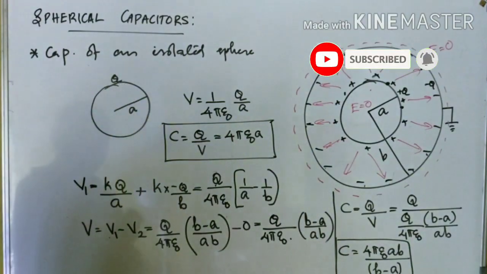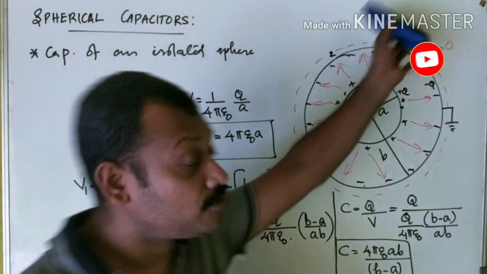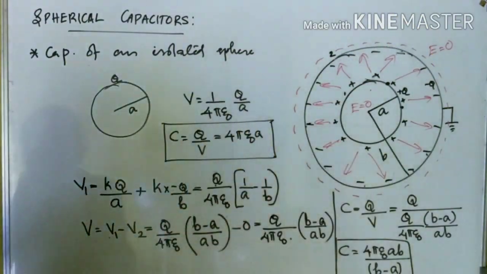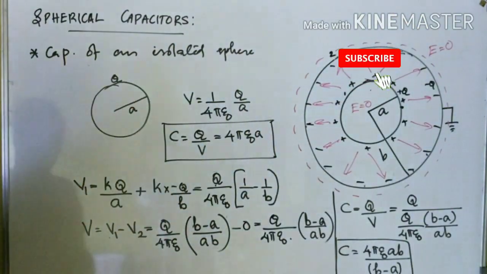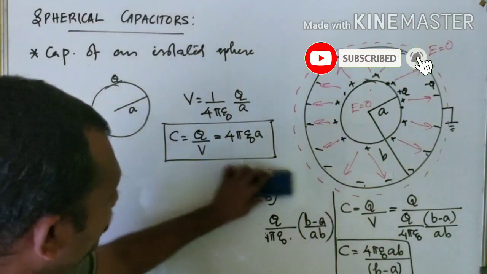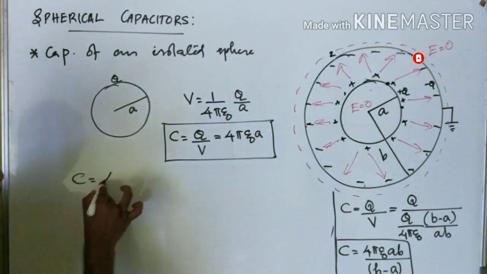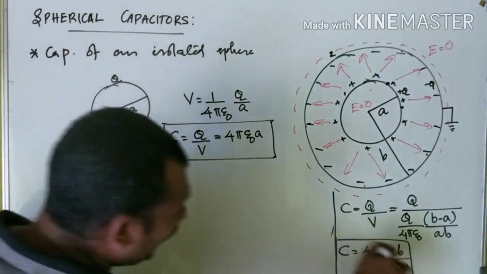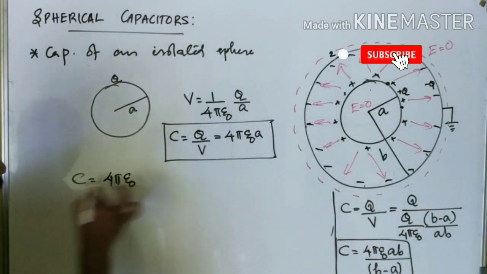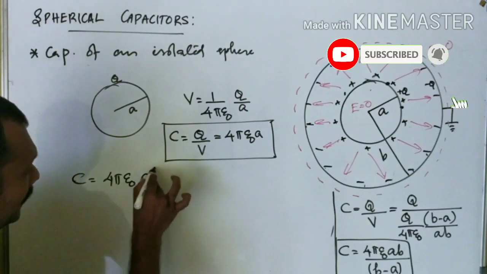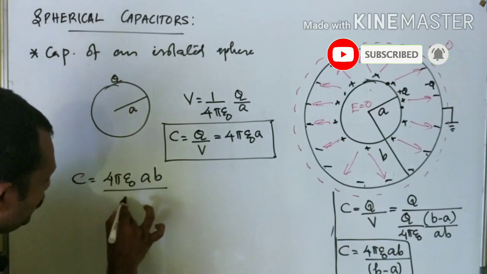You may be having some confusion with what I said, about taking the second sphere at infinity. Let me explain that point. Here we got the capacitance C is equal to 4 pi epsilon 0 AB divided by B minus A, right?